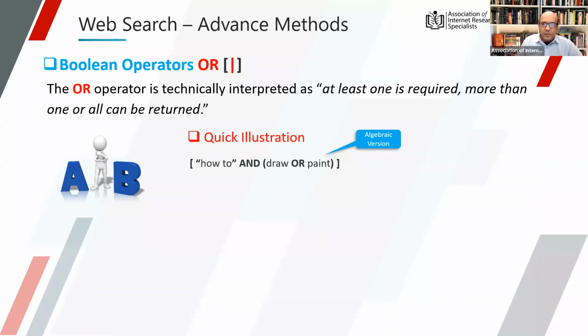Whereas in Google search, for some reason, they don't consider the parentheses as part of your query search. So parentheses should not be used, even though all over the web, where they give you some illustration, they use these parentheses as if they effectively work in Google when they don't.